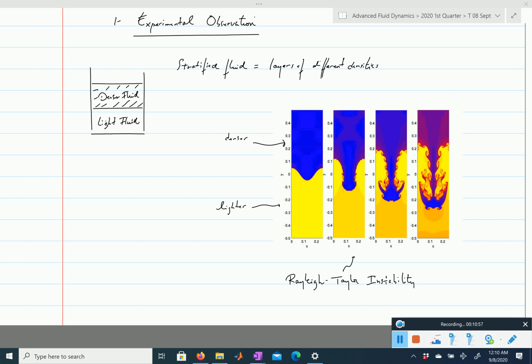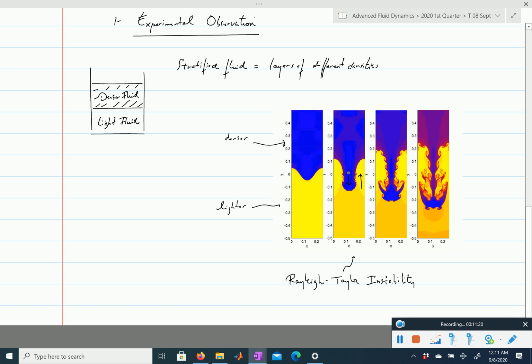Now, on top of that, which is not part of the problem we're discussing now, if you carefully look at these snapshots, so those are simulations and not experiments, what you can see is something else. You see that the lighter fluid is rising and the heavier fluid is dropping.